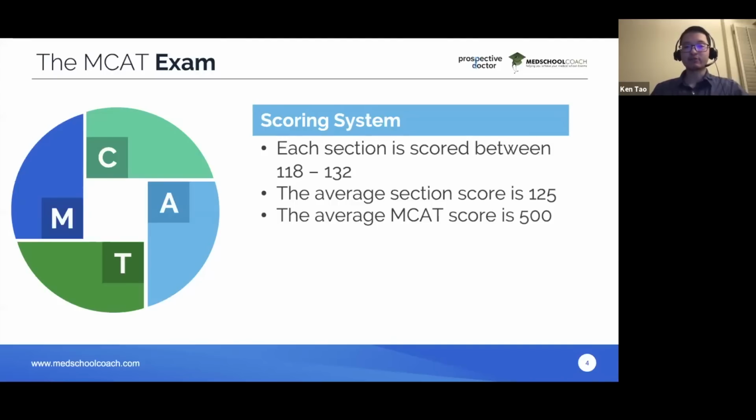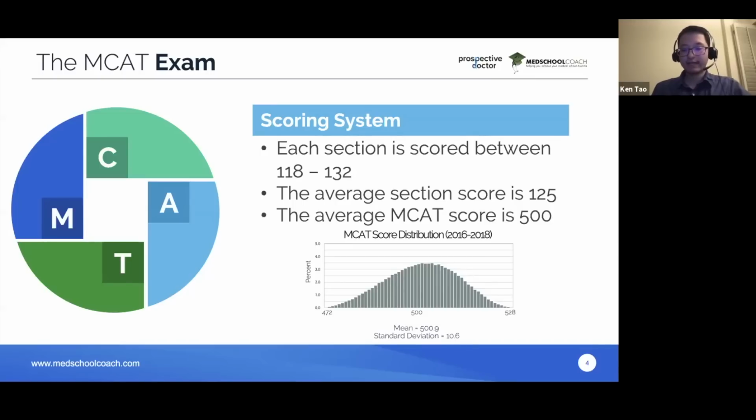And this is actually really convenient for medical schools because it allows the medical school admissions committees to be able to quickly identify if a student is above average, meaning that their MCAT scores are in the 500s, or if the student is below average because their MCAT score is in the 400s. And that's simply because if a student gets an average score on all 4 sections of the exam, they'll be left with a perfect 500.